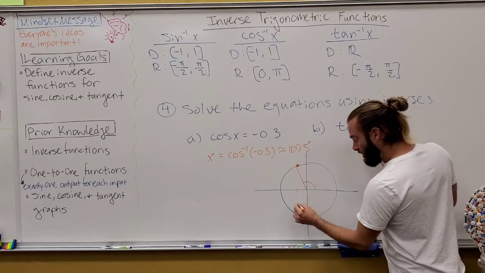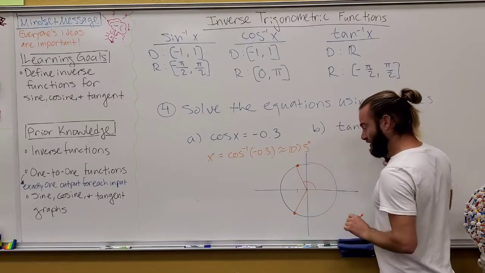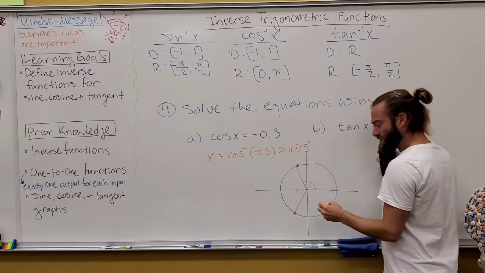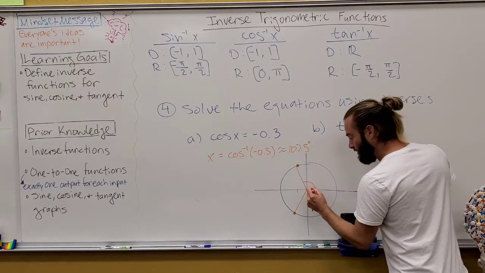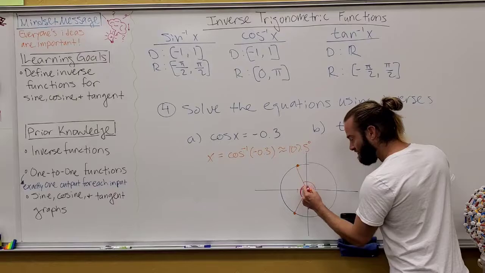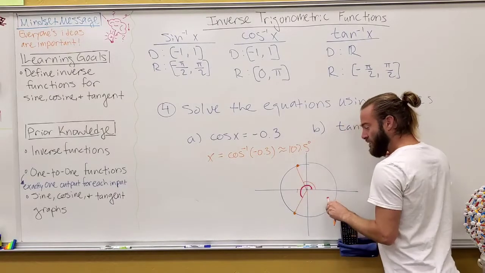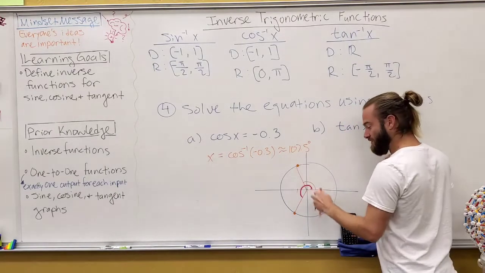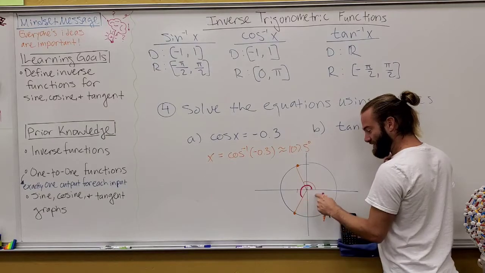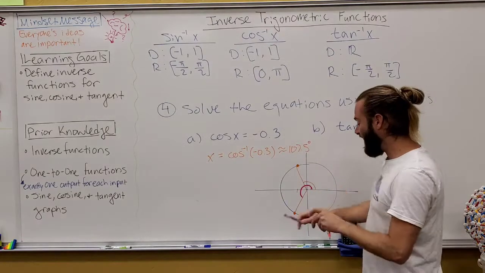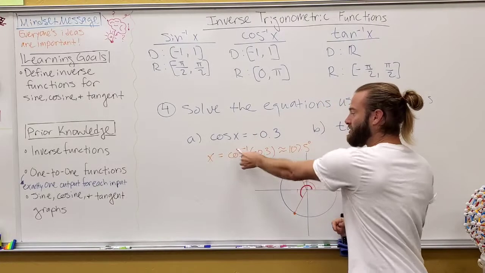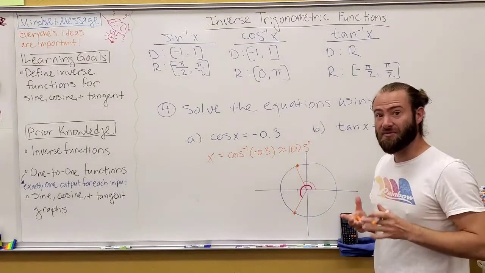And if I mark that out right there, we can see the easiest way to get that full angle would be to take this 107.5, remember that that's this much away from 360. So for me to actually finish solving, I can't just stop there because I'm missing some of it, right?